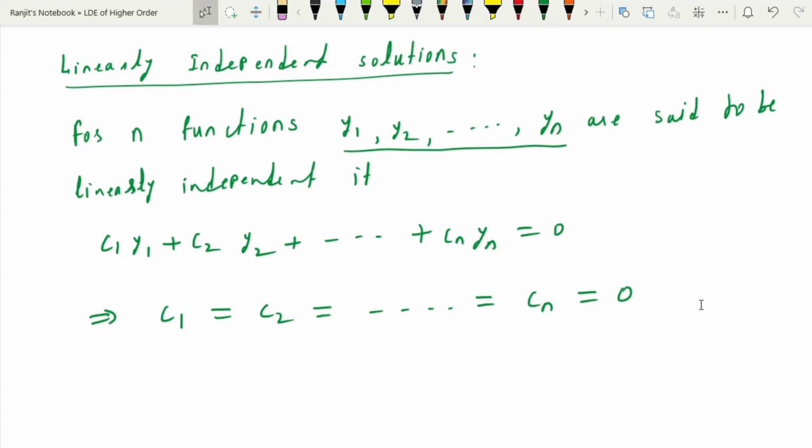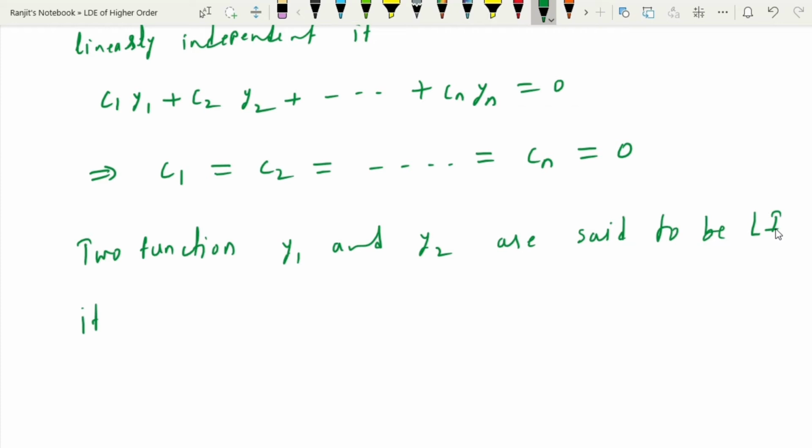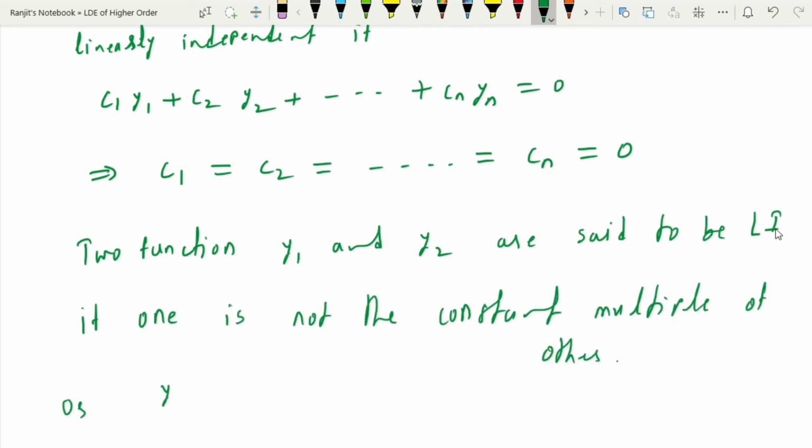And if at least one ci is not equal to 0, then the given functions y1 to yn are said to be linearly dependent. In other words, two functions y1 and y2 are said to be linearly independent if one is not a constant multiple of the other, or y1 upon y2 is not equal to a constant.